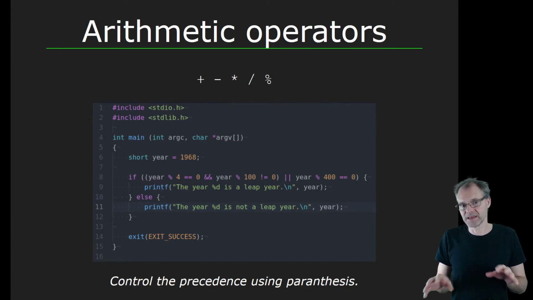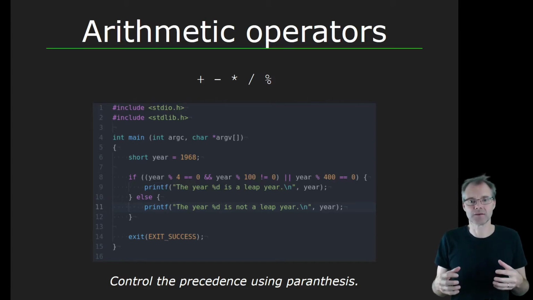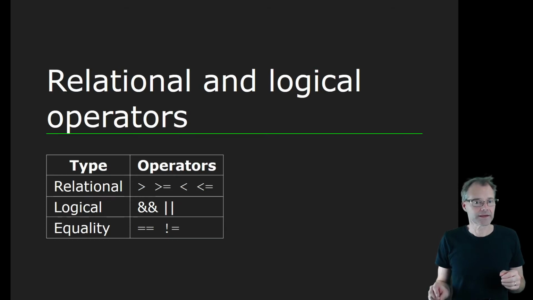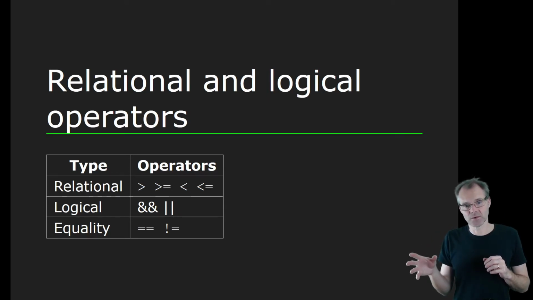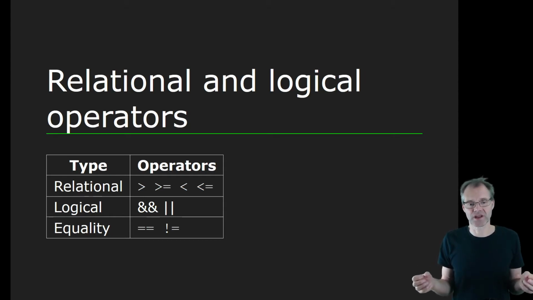So basically what you are sort of used to when you're doing math, of course you can have the same operators here. The relational and logical operators: the relational are greater than, greater than or equal to, less than, and less than or equal to. So it's for comparing values.